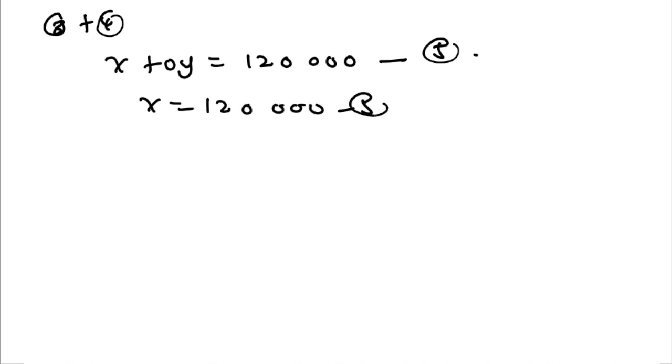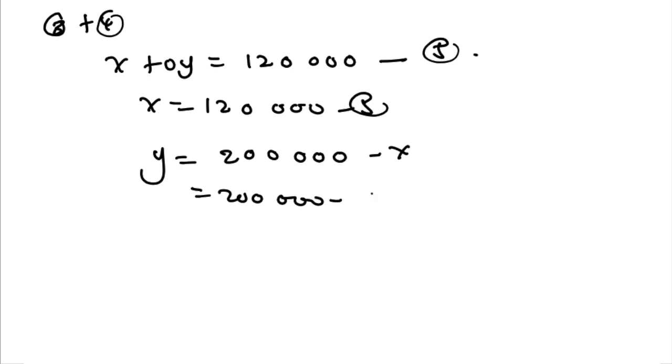So I have found x. So y is what? I know that the total investment is 200,000. Then I minus x. Then I get 80,000. That's the answer. Okay? Alright.